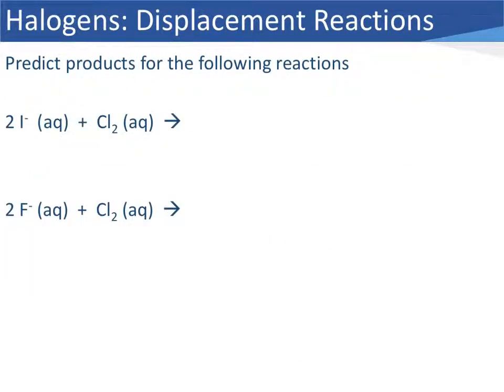So in terms of predicting products for the following reactions, well, if we look at the periodic table, F, Cl, Br, and I, reactivity increases as you go up. So chlorine can replace iodine, and so we will get 2 chlorides plus I2.